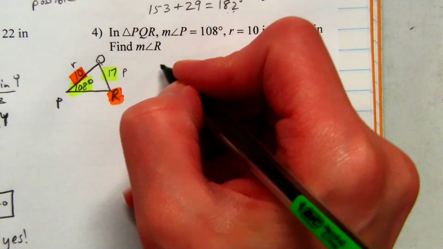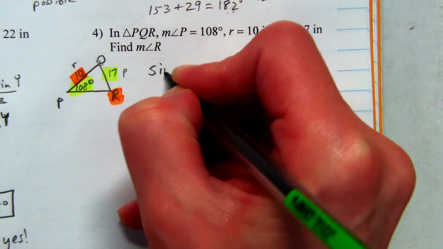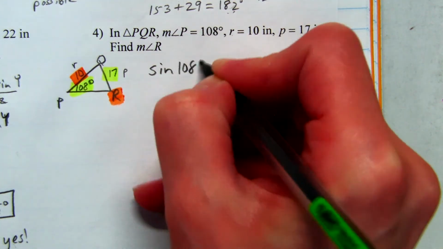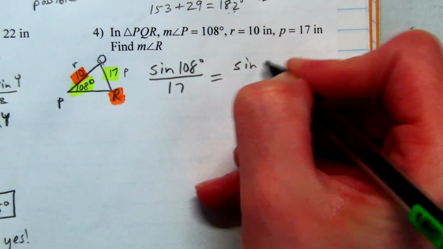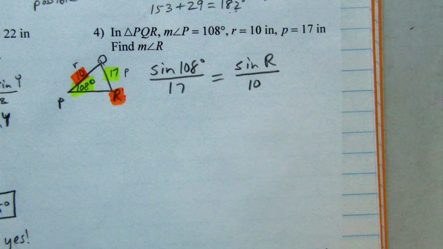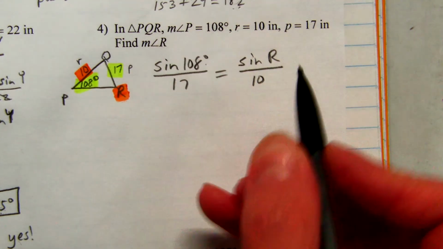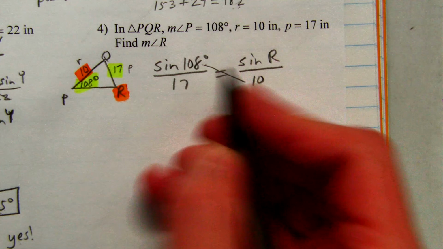So tell me how to set up the law of sines. Sine 108 over 17, good, equals sine R over 10. Excellent. And then cross multiply. Good. So we're going to cross multiply. So this times this.